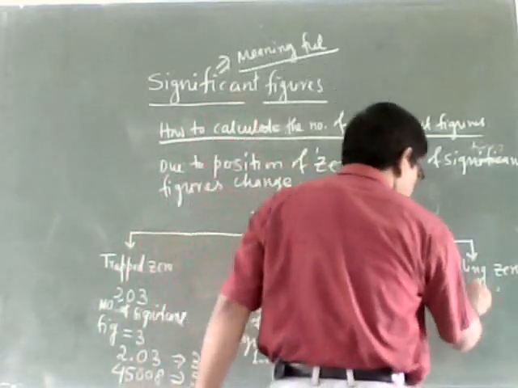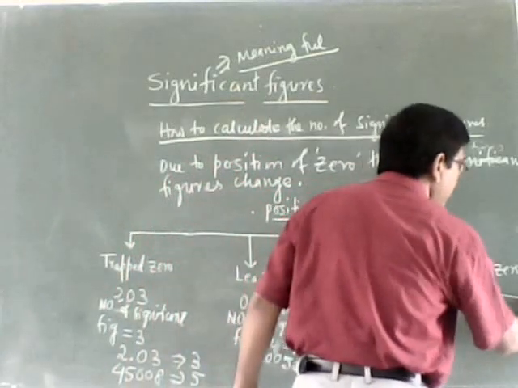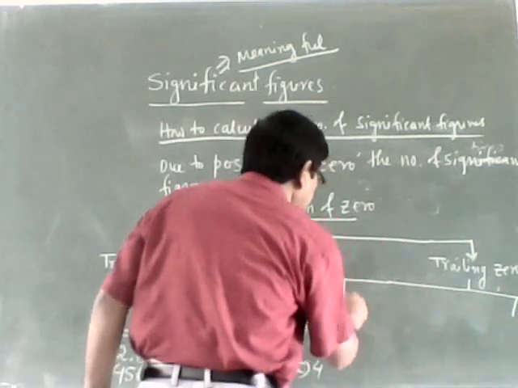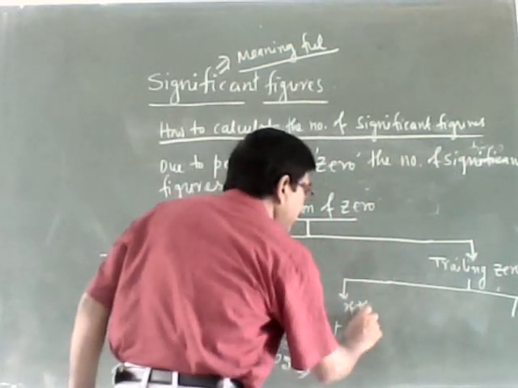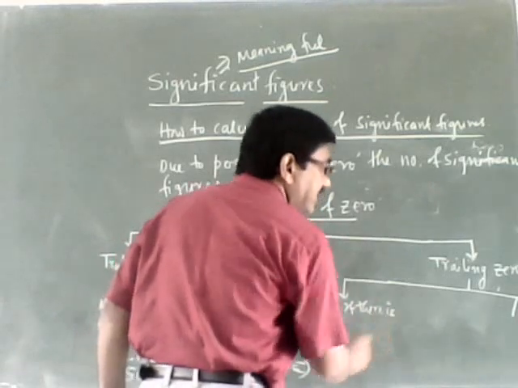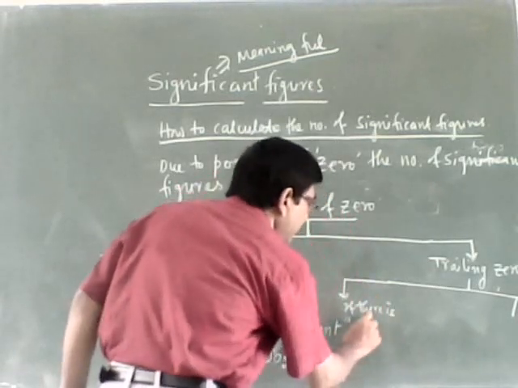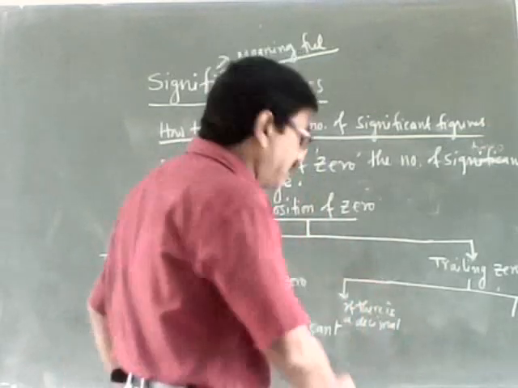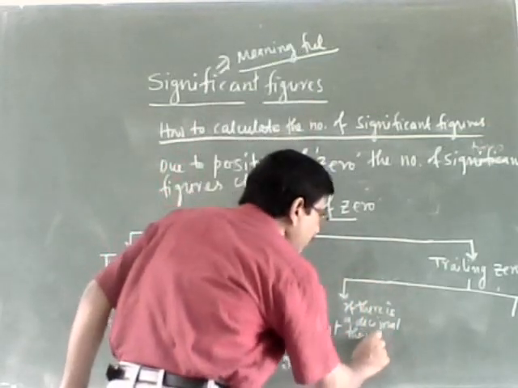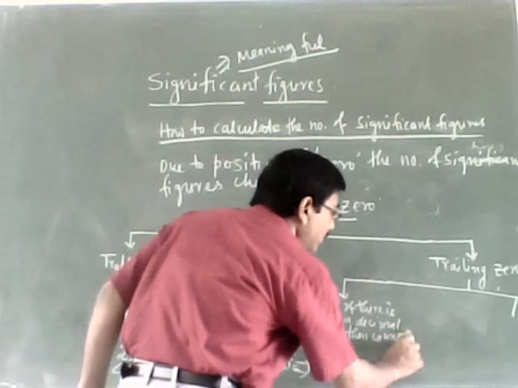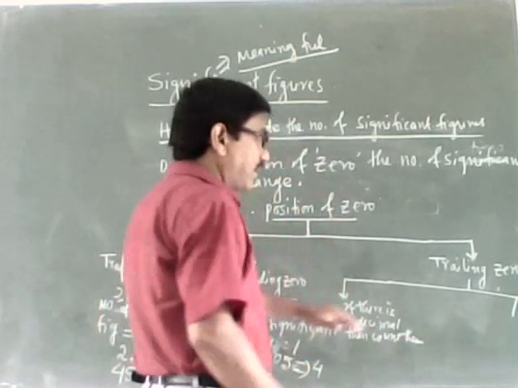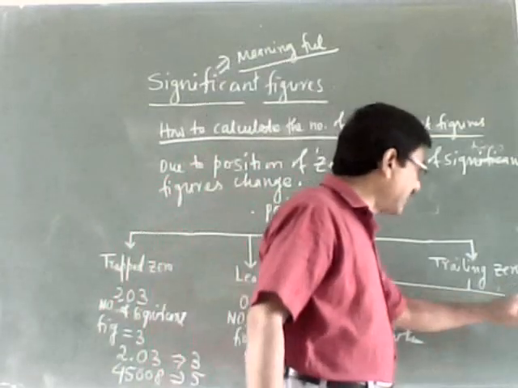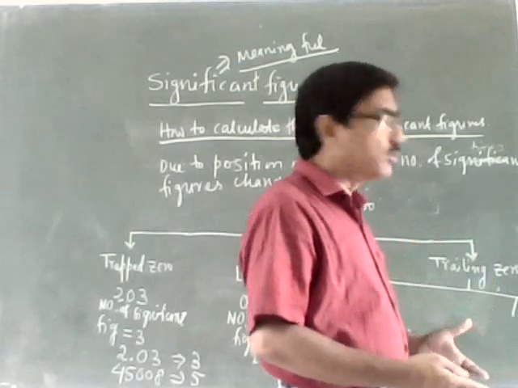So trailing zero here, if there is a decimal, then count them as significant figure. And here trailing zero may be without decimal.